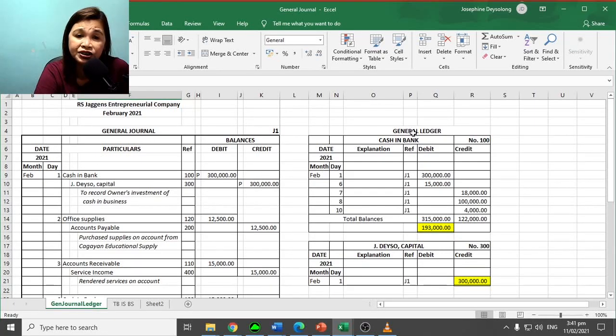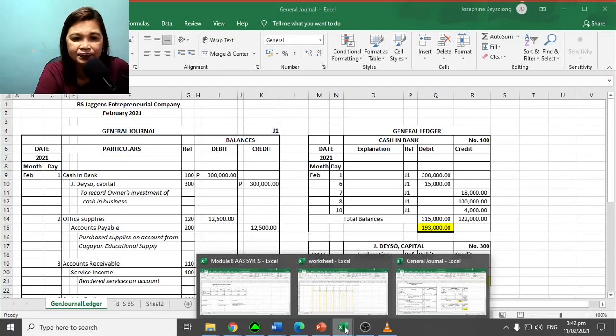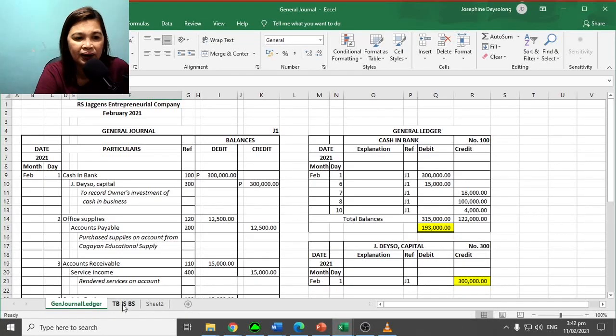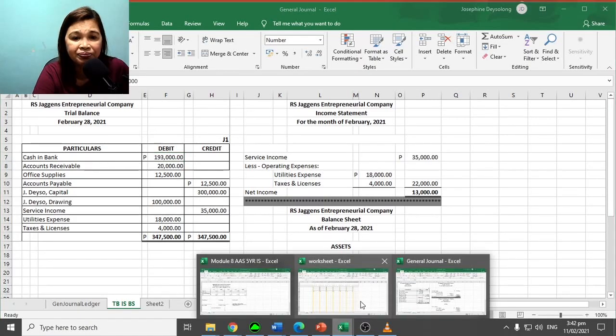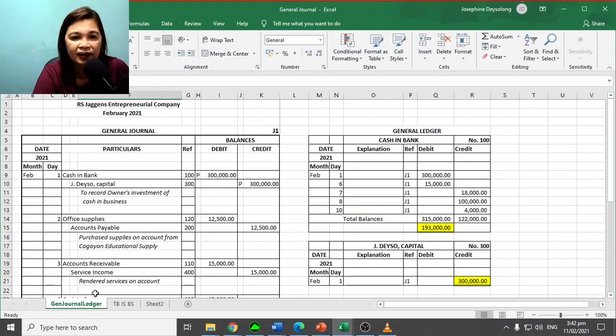So the general ledger here, I have only prepared 2 account titles, cash in bank and the J-Day-So capital. Now let's go back to the trial balance. Now, as you have noticed, our cash in bank here has 193,000. Where did I get that? From the general ledger. That is 193,000.